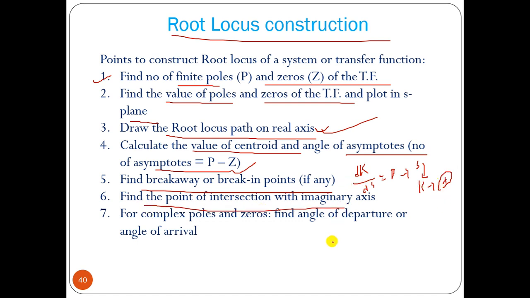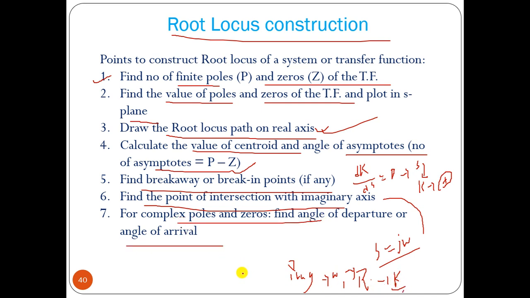Then find the intersection point with the imaginary axis. How? In the characteristic equation, put s equal to j omega. From the imaginary part you find the value of omega, put that value into the real part, and you get the value of K. Then find the angle of departure or angle of arrival if we have complex poles. The formula is theta equals 180 degrees minus the angle of poles plus the angle of zeros.